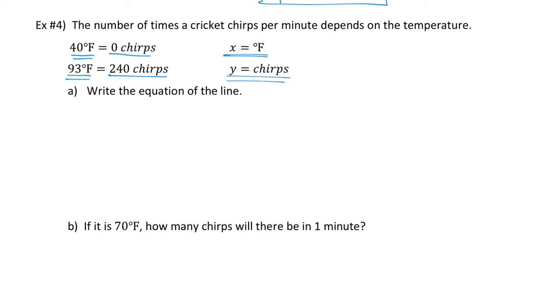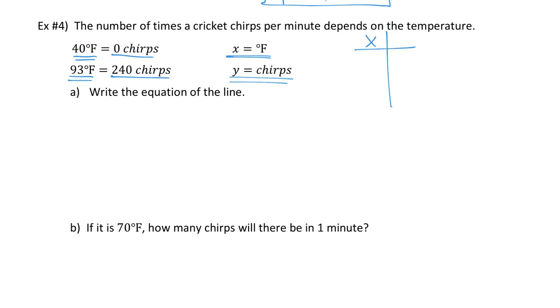What do you need to find first? The slope, okay? So you have x and y. If it helps you to set it up like this, you totally can. X is the degrees, right? So 40 and 93. Y is the chirps, so 0 and 240, okay?